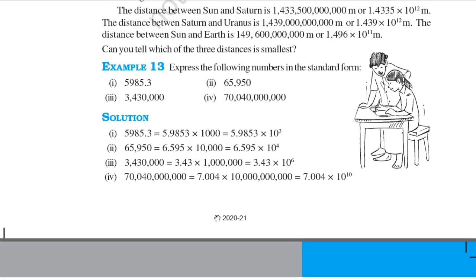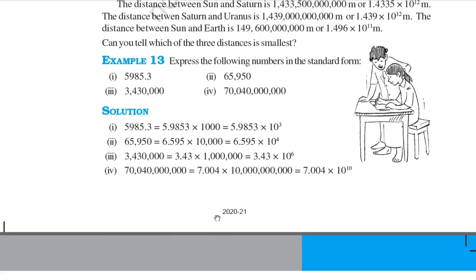Example number 13. Express the following numbers in the standard form. 5985.3 in the standard form will become 5.9853 into 1000, that is into 10 to the power 3. 65950, you can write 6.595 into 10,000, that is 6.595 into 10 to the power 4.